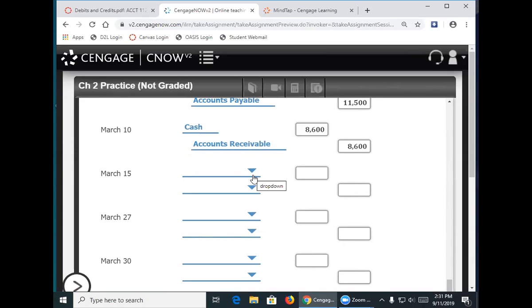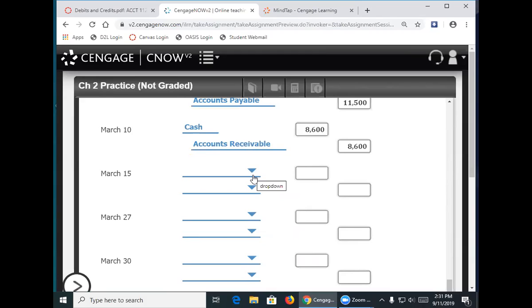Debited. Yes, you would debit accounts payable because you owed them already and now you're paying it towards what you owe. So you debit accounts payable because we're reducing our debt.